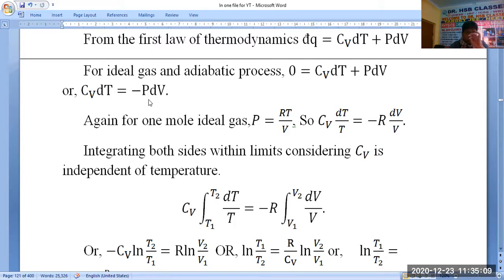So we get Cv dT by T equals minus R dV by V. Clear? So this is the equation.